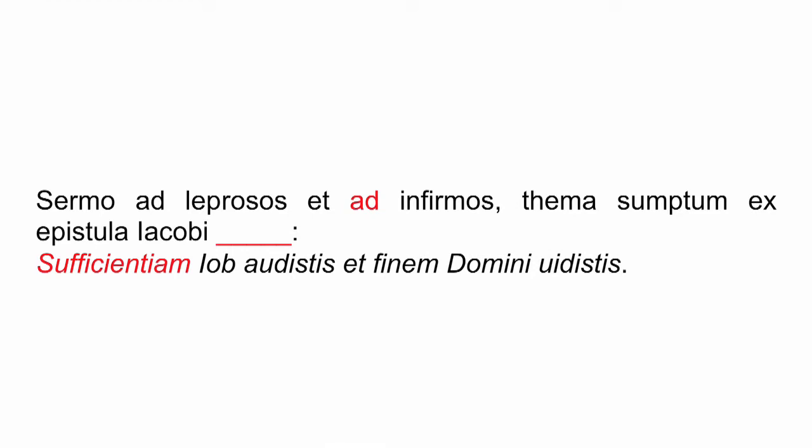Most notably, "alios" proposed in the main text is replaced with "ad" in manuscript G. "Capítulo quinto", that is the chapter number of the biblical reference, is omitted in manuscript G. And also, at the beginning of this biblical reference, "sufferentiam" is replaced with "sufficientiam" in manuscript G. So that's three differences at the beginning of the text between manuscript G and the main text of the edition.